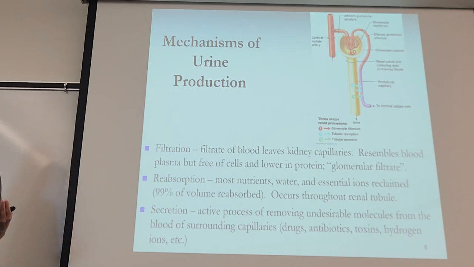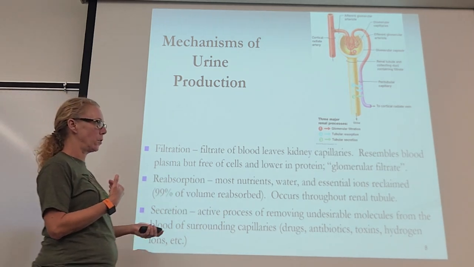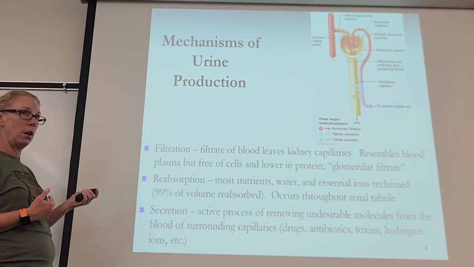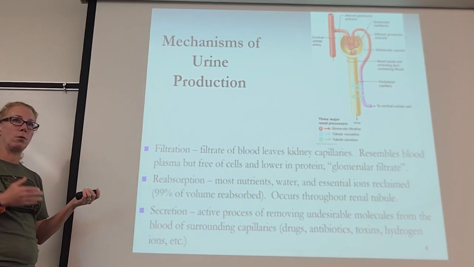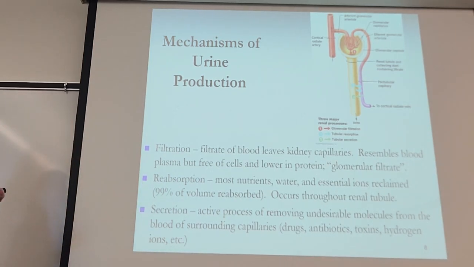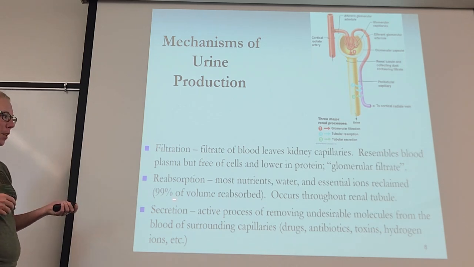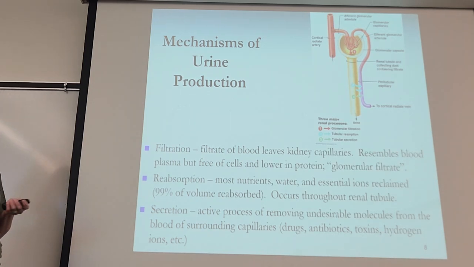So you're reabsorbing it, okay? You're not taking it in for the first time. This is something that got filtered, but you want it back. So it's reabsorption, okay? 99% of what gets filtered is reabsorbed. 99%.